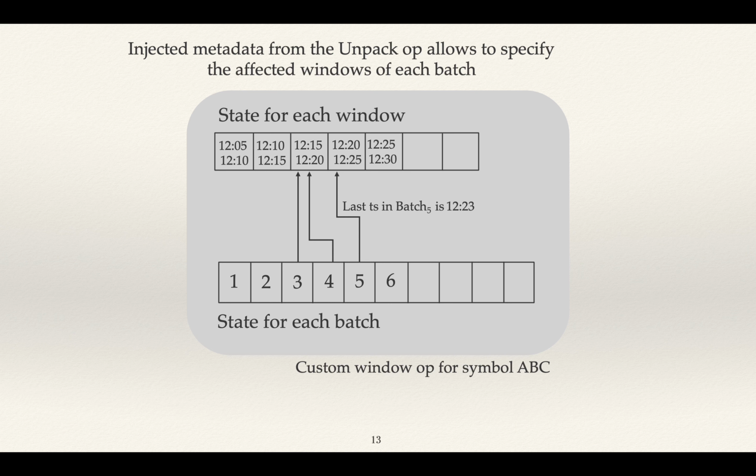This is by using the last timestamp of the batch. For example, here we see that the last timestamp in batch 5 is 12:23. So we know that batch 5 can affect up to this specific time bucket.